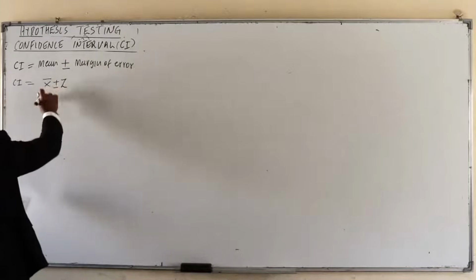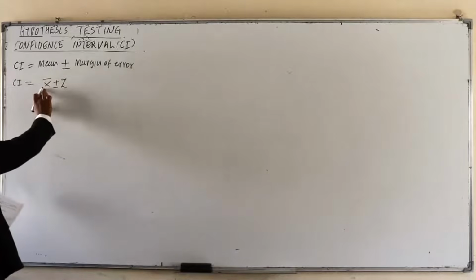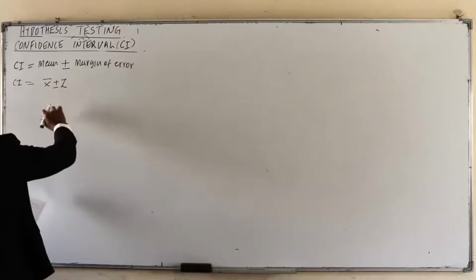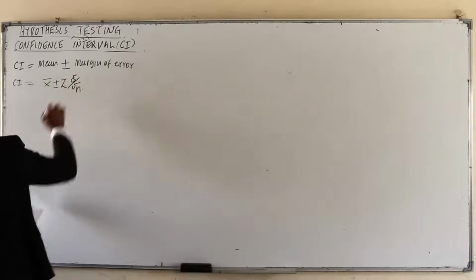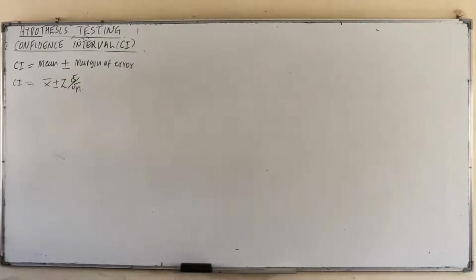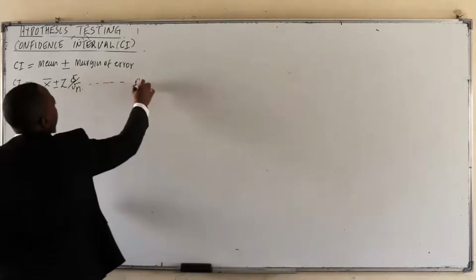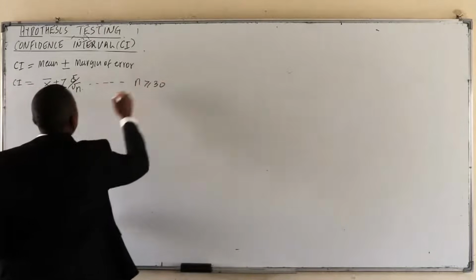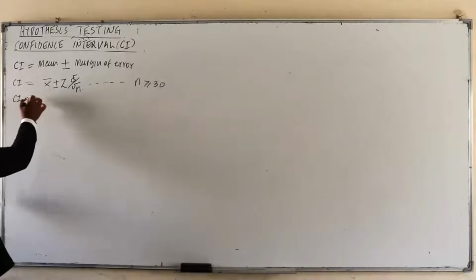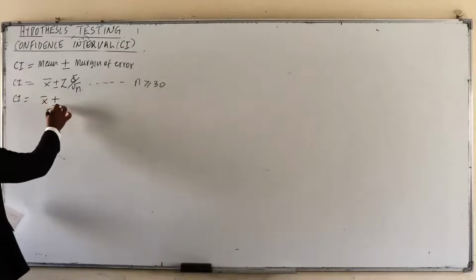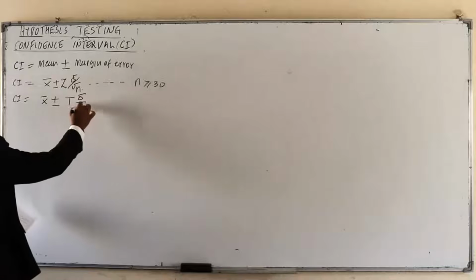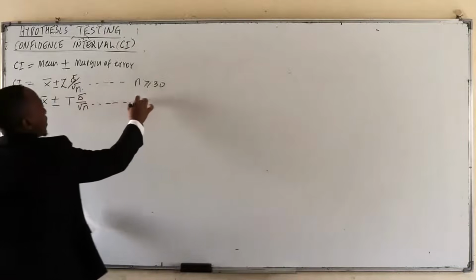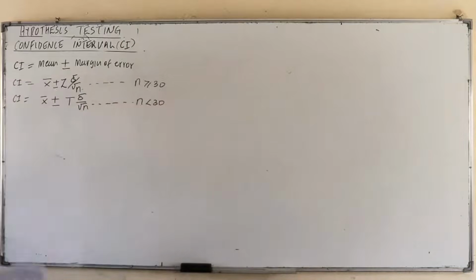So in the form of a formula, X bar represents the mean, then the margin of error is Z or T times standard deviation over square root of N. This one is when N is greater or equal to 30, or for small sample, it will be X bar plus or minus T times standard deviation over square root of N, where N is less than 30.